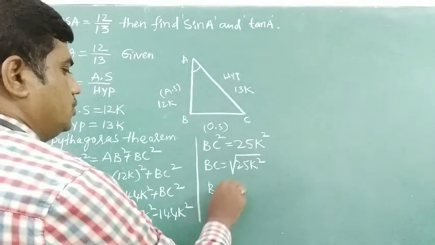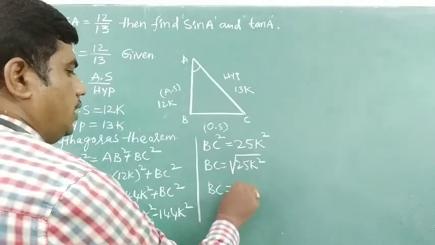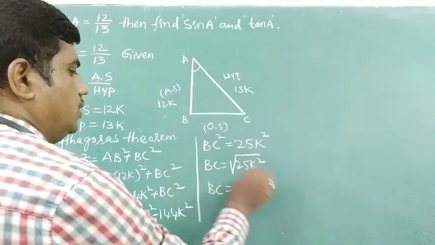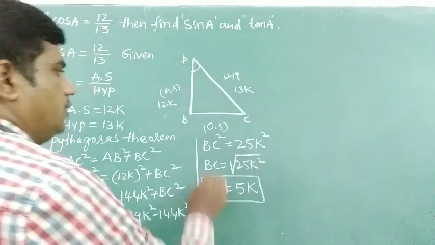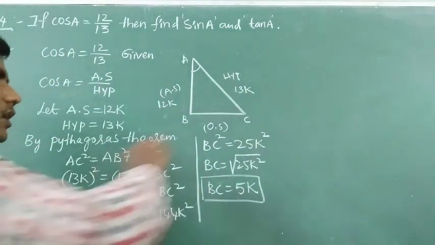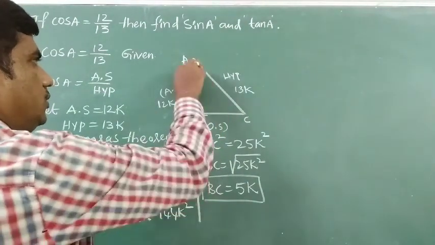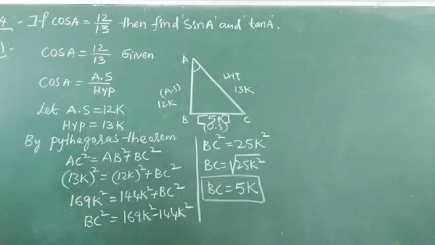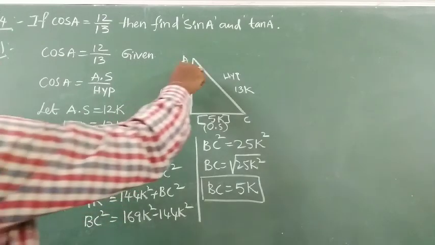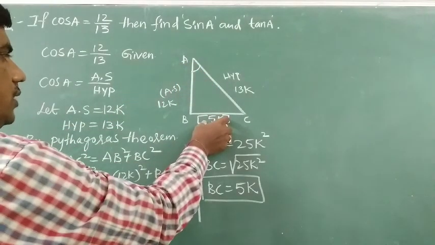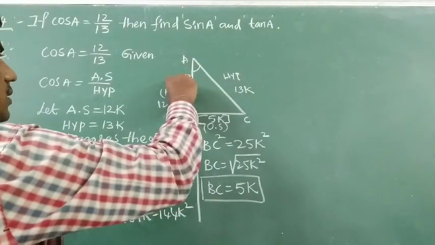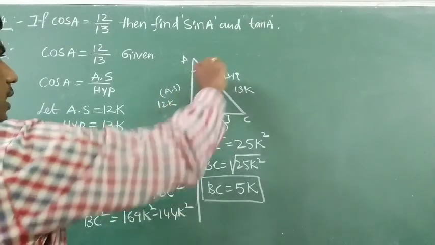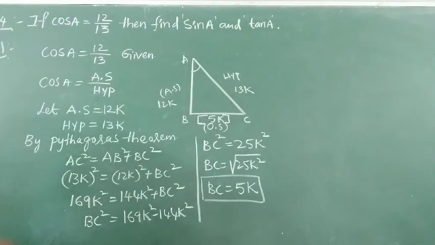Square root of 25 is 5, and square root of k square is k. So BC length is 5 times k. So the opposite side to angle A is 5 times k. Now we know three sides of the right angle triangle: angle A opposite side is 5k, adjacent side is 12k, and hypotenuse is 13k.